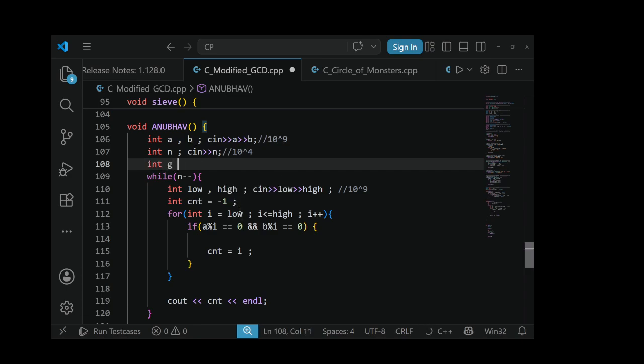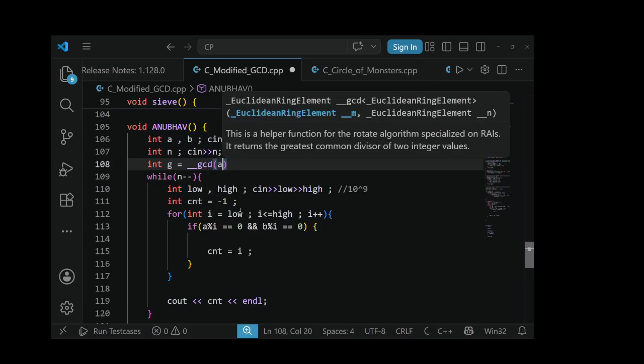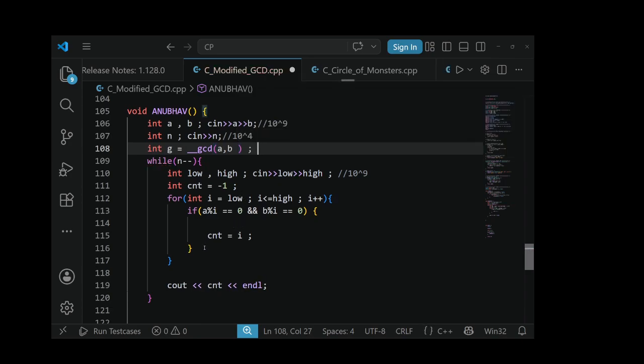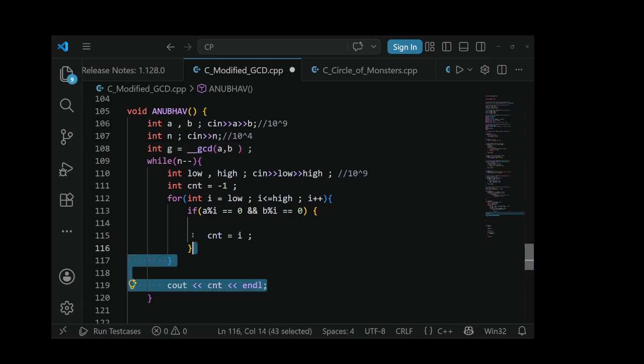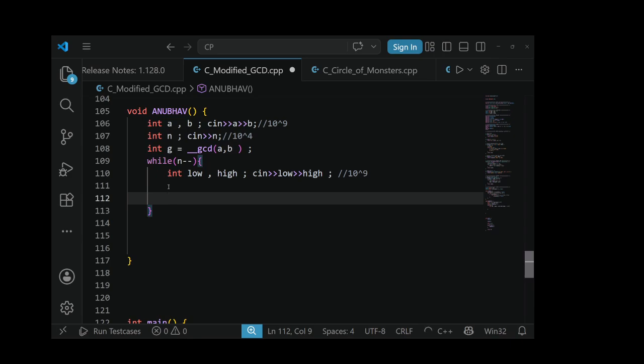Let's calculate the GCD as GCD of A, comma B, and here let's iterate from int i equal to 1 till i into i less than or equal to G, i plus plus.